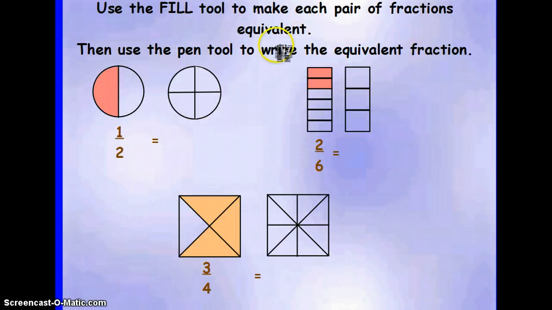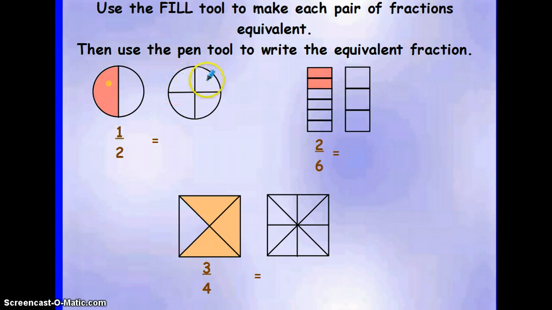Okay, we are now going to use the fill tool to make each pair of fractions equivalent. Then I'm going to use the pen tool to write the equivalent fraction. Let me get the highlighter here. If we look here, we see that this pie consists of 2 pieces to make one whole. That is represented as 1/2.